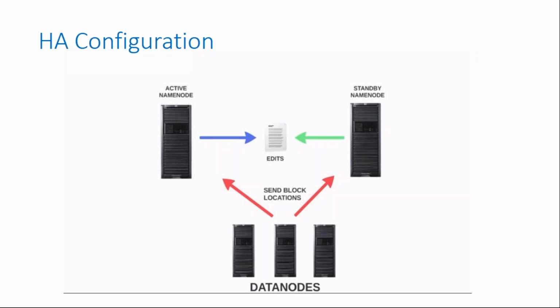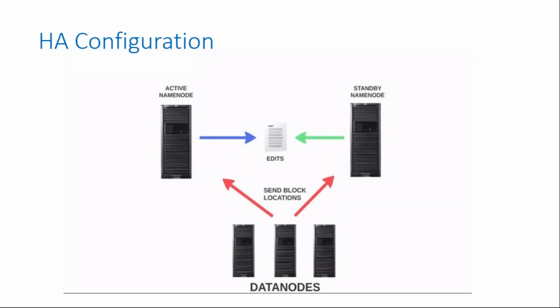So they came up with high availability. Here, instead of having a checkpoint node or backup node, they have two primary nodes, but only one node would be processing requests at any given point of time.